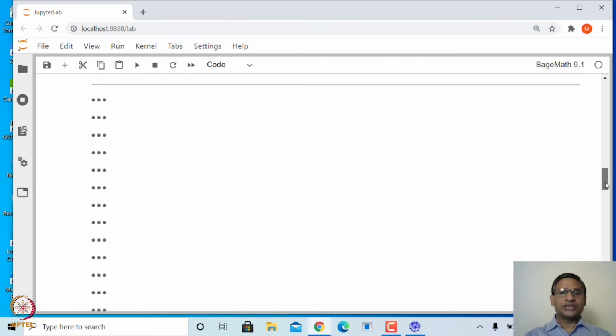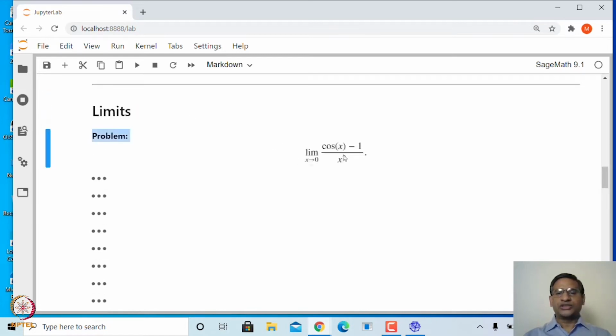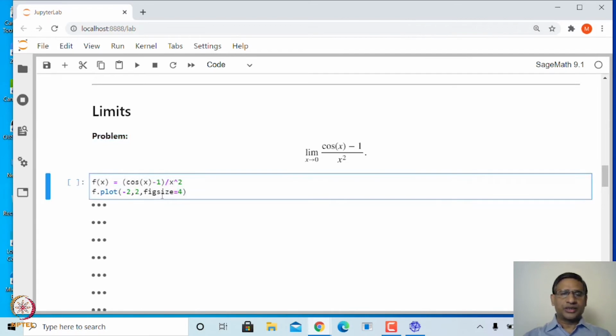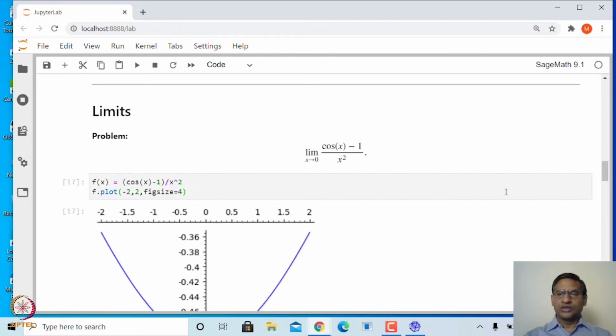Now, let us look at some more examples of limit. First, let us say we want to find out the limit of cos of x minus 1 divided by x square. So, what do we do? First we define this function f of x, and I have said earlier x is by default a variable in Sage. Then let us plot its graph between minus 2 and 2.